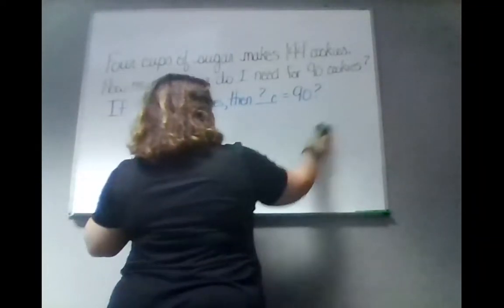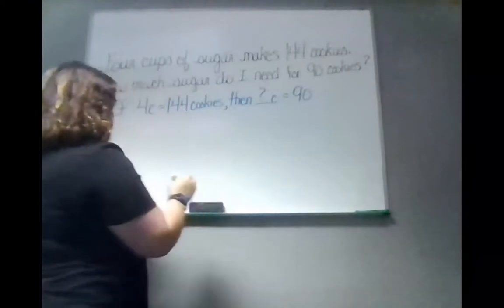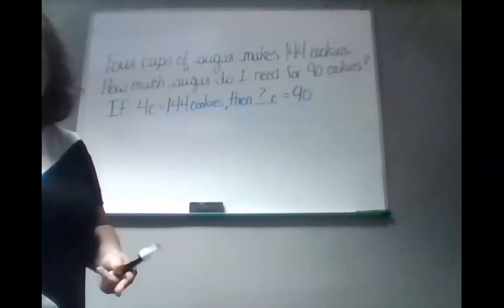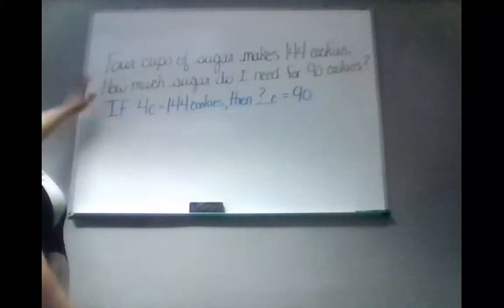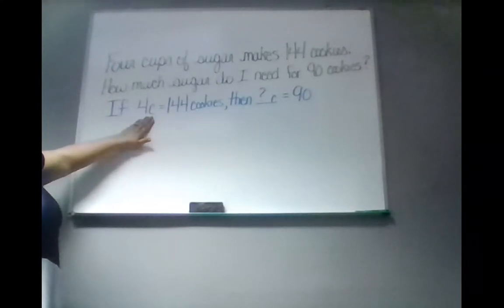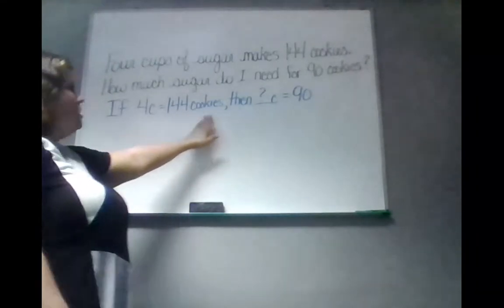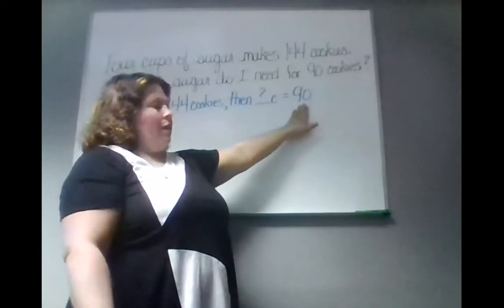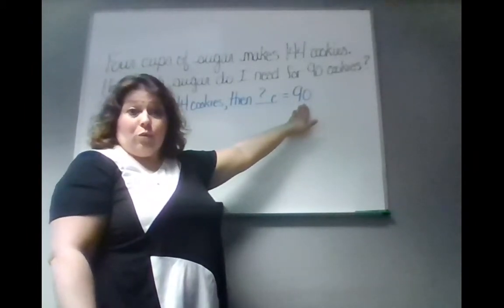I actually am going to erase that because I don't want you to end up accidentally putting 2 X's in there. So if we just take the word problem, 4 cups of sugar makes 144 cookies. How much sugar do I need for 90 cookies? So if 4 cups of sugar equal 144 cookies, then how many cups equal 90? Might make it a little bit easier to put it into the dots.